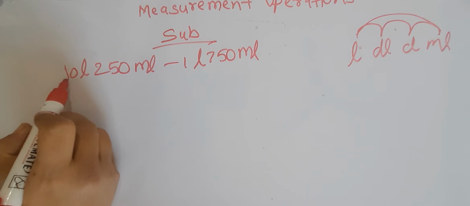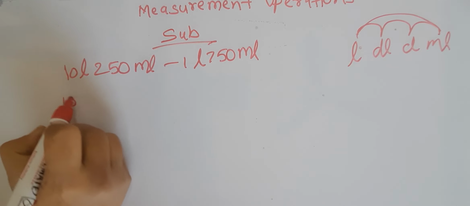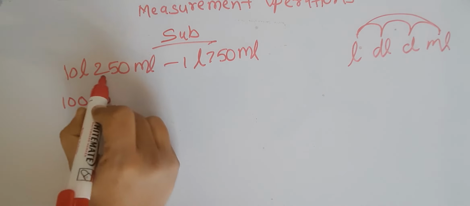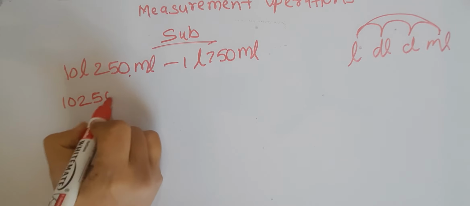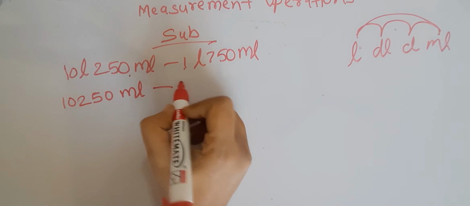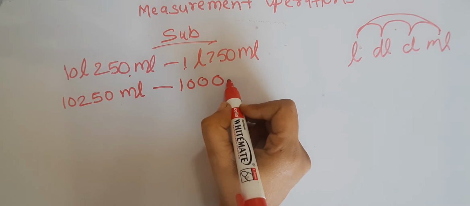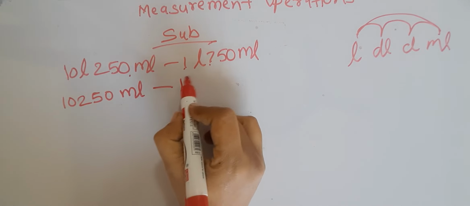So if we multiply 10 with 1000, it will give us 10,000 plus this 250 milliliter, so it will be 10,250 milliliter minus 1 with 1000, that is 1000 milliliter, plus this 750, so it will be 1750 milliliter.